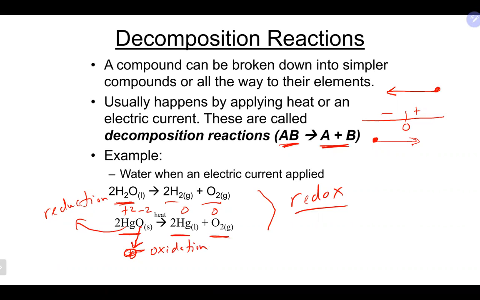So once again, a decomposition reaction is a more specific classification of a bigger reaction that's still a redox reaction. Specifically, you call it a decomposition reaction, which means one thing breaks apart into multiple things. Any questions on that?